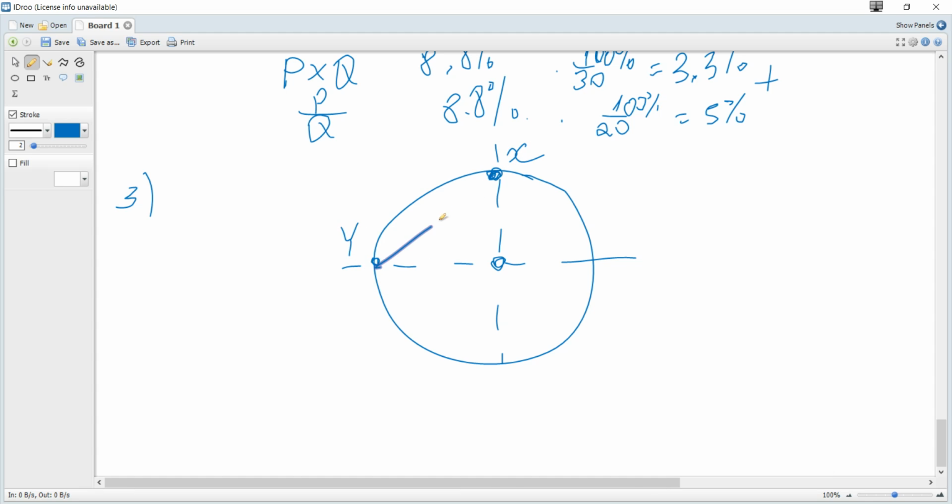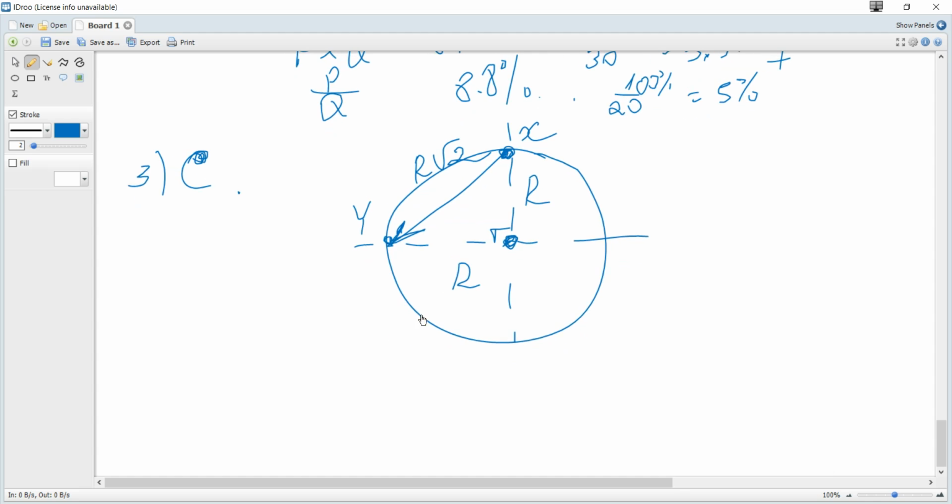Displacement is a vector from the starting to finishing point, and it's a radius, and it's also radius, and we can see that the magnitude or the length of this vector is just the hypotenuse of this right angle triangle, and it's just r root 2. So r root 2 is C, so C is correct.